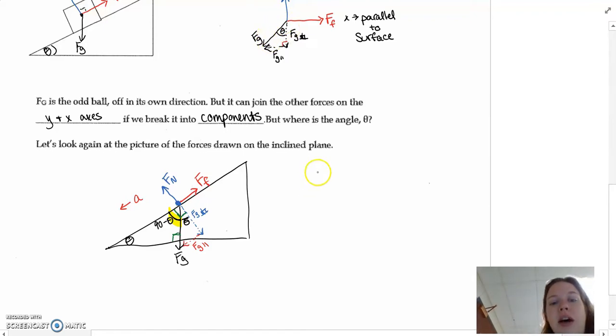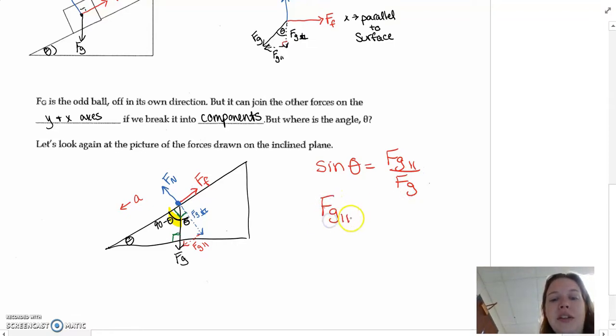So if FG is the hypotenuse, to find FG parallel, we'll just say FG parallel over FG. So FG parallel, or the part that it would balance with friction or would work with friction, is equal to FG sine theta.